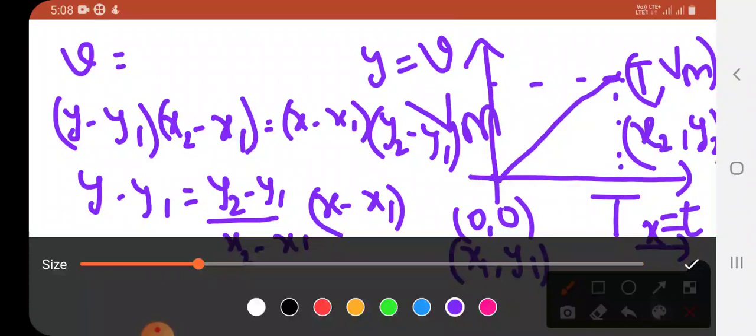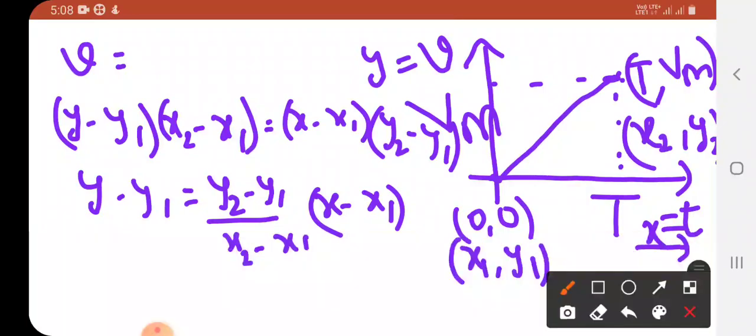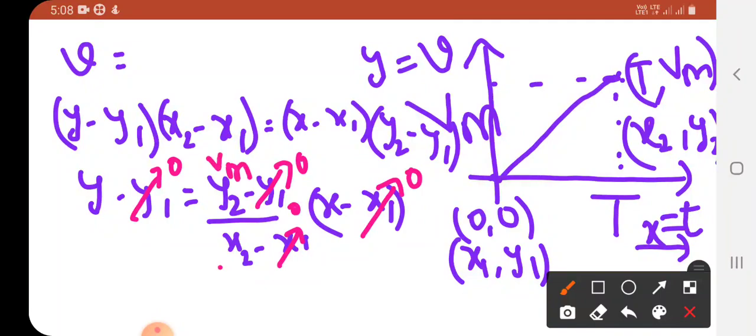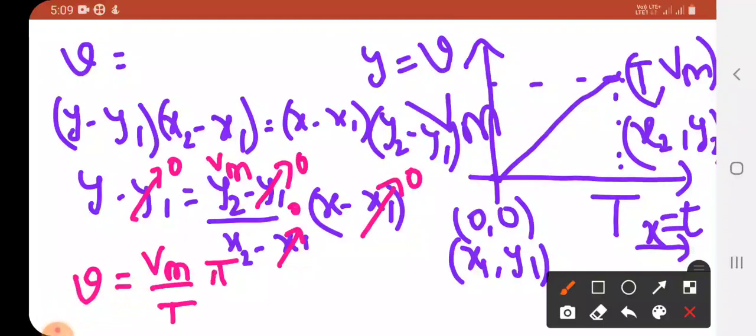So if I substitute these values here, y1 is 0, x1 is 0, y2 is Vm, x2 is T. So hence you can write y, that is V, as V is equal to Vm by T into small t.